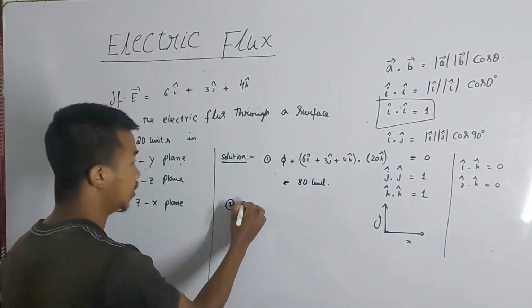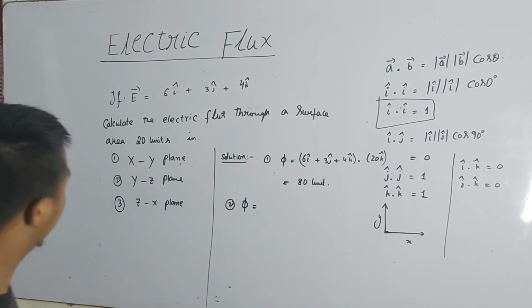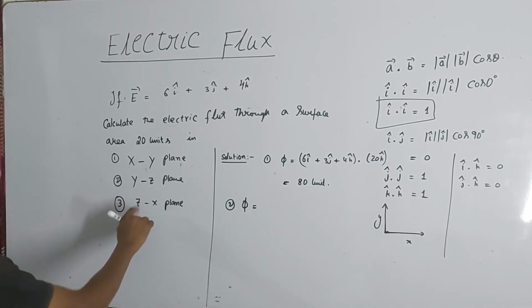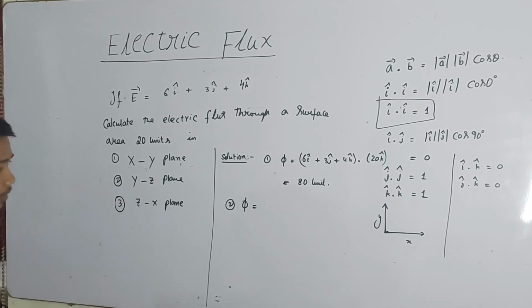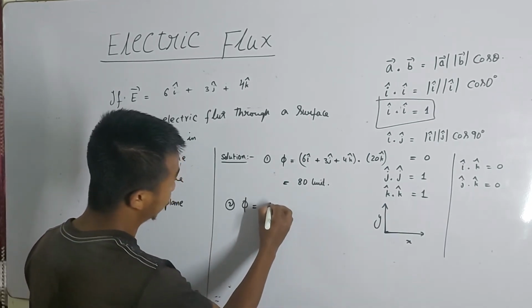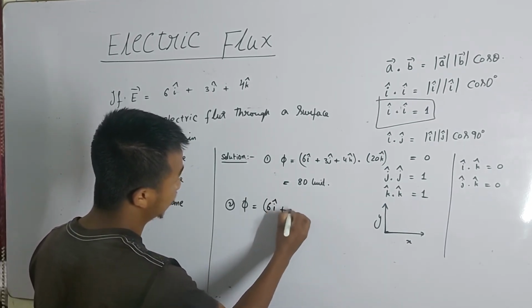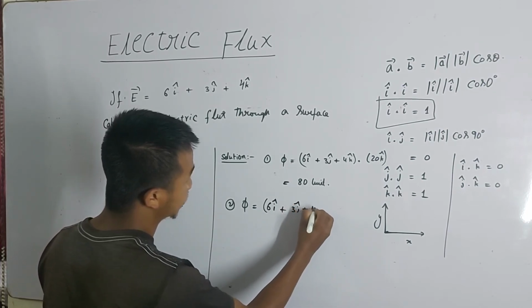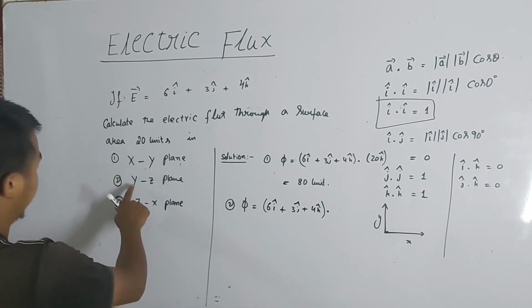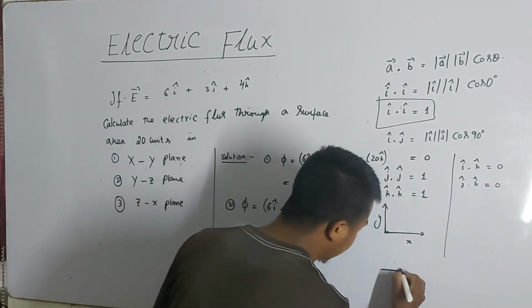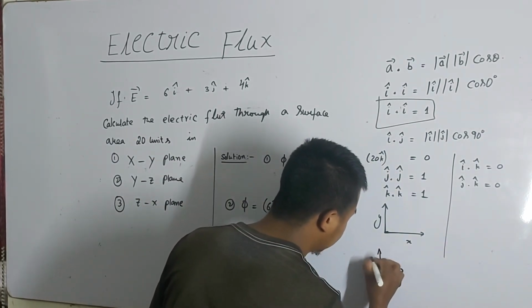Then what is the flux through the yz plane? Phi is 6i plus 3j plus 4k, dot, for the yz plane, this is y and this is z.